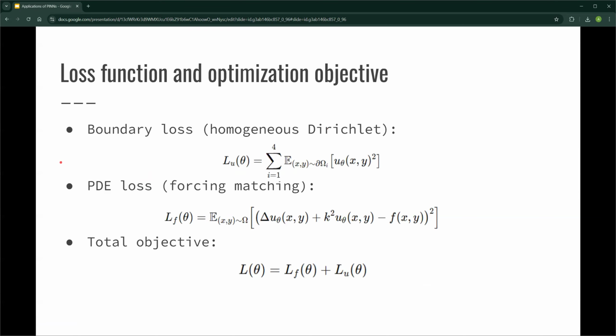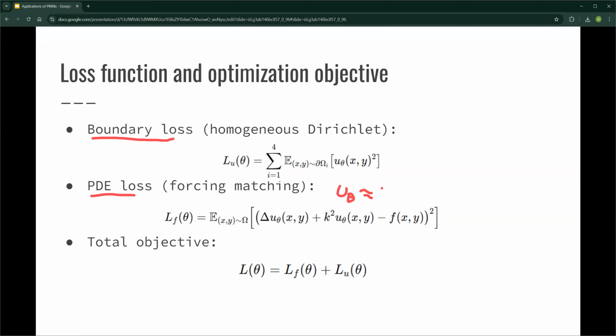And then for the neural network itself, we have our loss functions. We actually have two loss functions in this. The total objective includes the boundary loss right here, and then we have the PDE loss right here. This one is enforcing the physics.